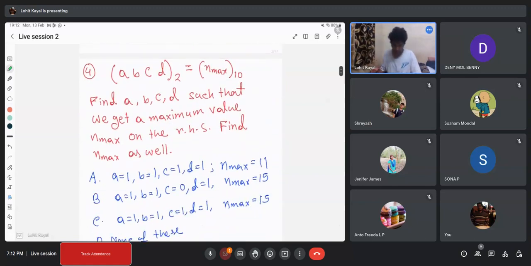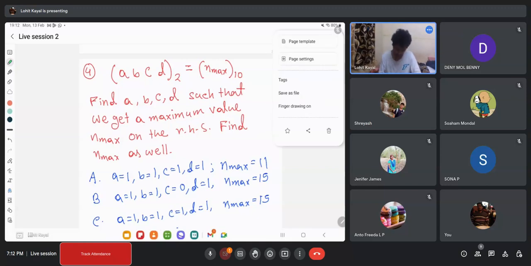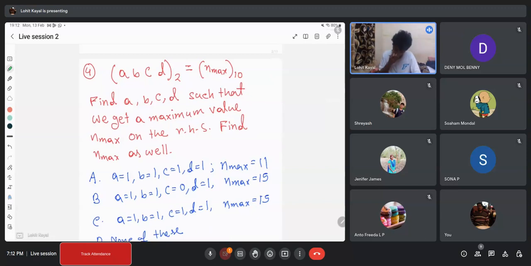Okay, now let's try this. I'll give you some moment to think about it, then I will solve it. So here there is some ABCD, maybe 1 or 0, equal to some n max in the decimal basis. So find ABCD such that we get a maximum value n max on the right hand side. Find the value of n max as well.